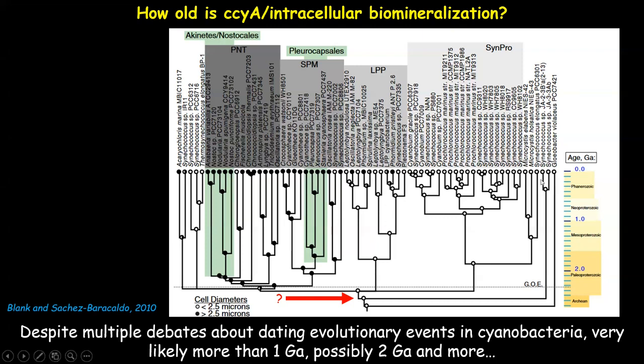So they look at those different divergences and put them in a time scale. And these are the different cyanobacteria. Based on this, we can infer that our calcyanine would be located at least here. And if that time scale was accurate, that puts us at more than 2 billion years ago. So this is an old gene.